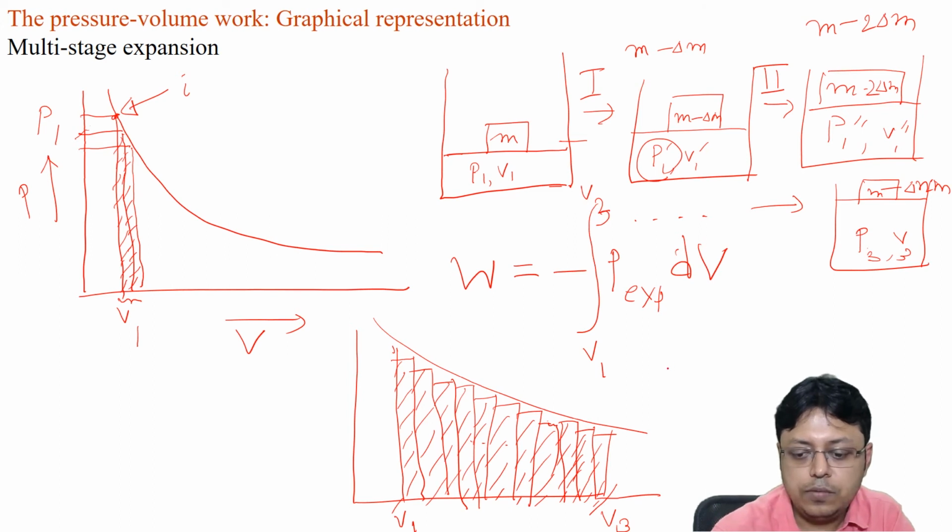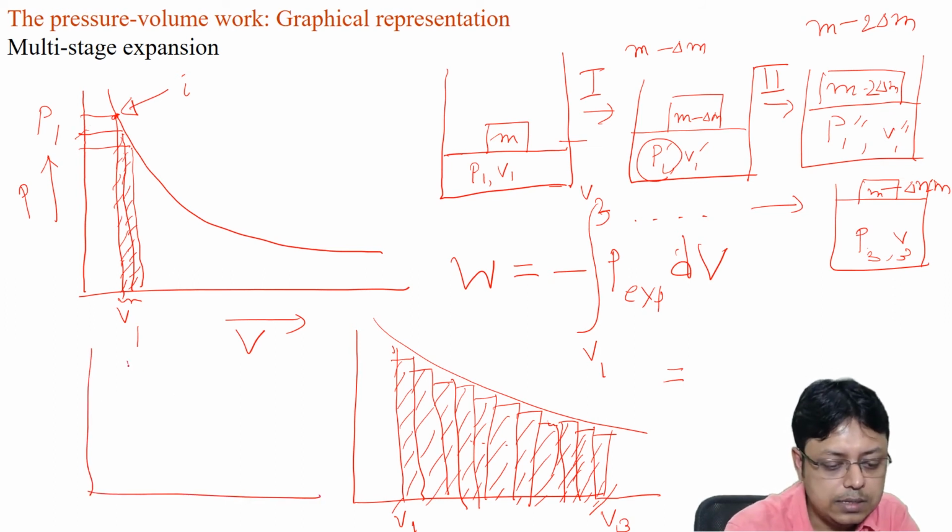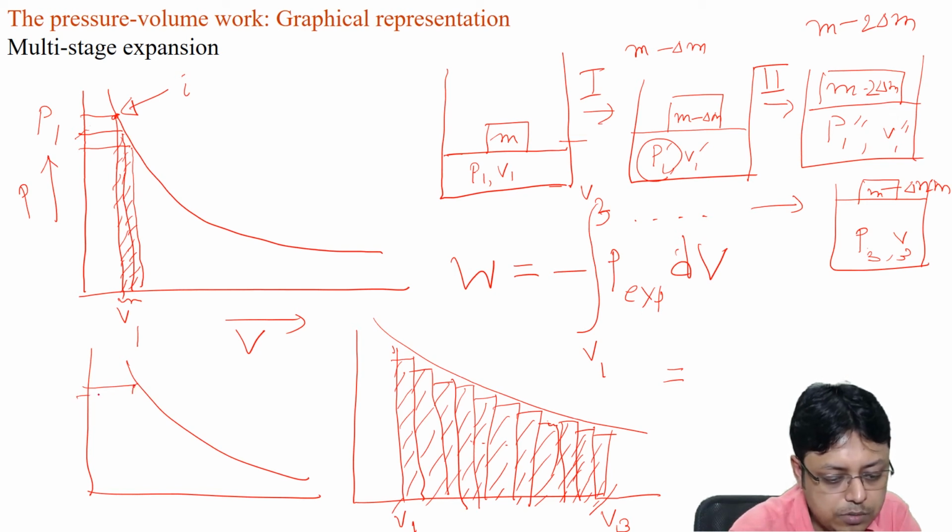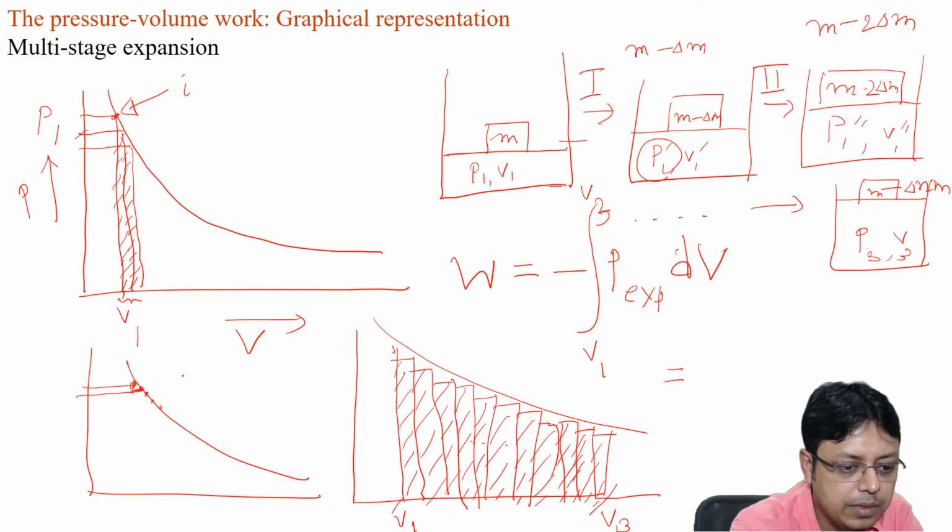Now if we do that in very small steps, if I reduce the external pressure by a very small amount, delta P, which is associated with the mass delta M, then I can approximate that this reduction in pressure will always be equivalent to the pressure of the system itself, meaning the system is adjusting the external pressure every time.